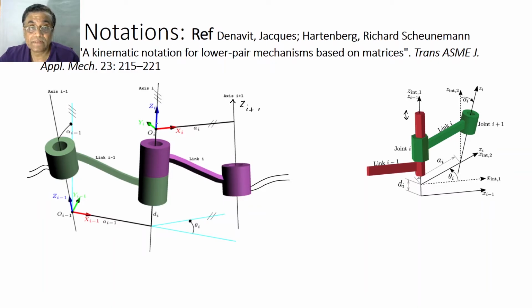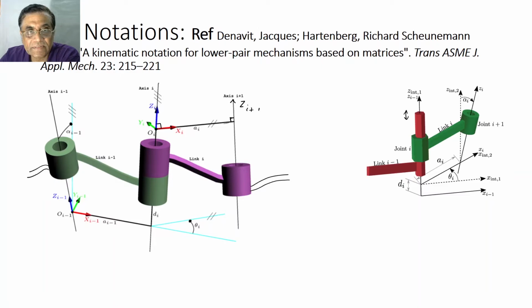This is perpendicular, this is perpendicular, this is a spatial structure, so you need to understand. This is the common normal. Why is it a common normal? Because this is normal to the Z i axis, and this is also normal to the Z i minus 1 axis.